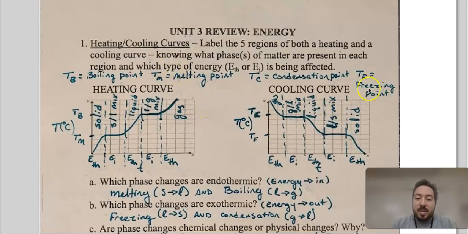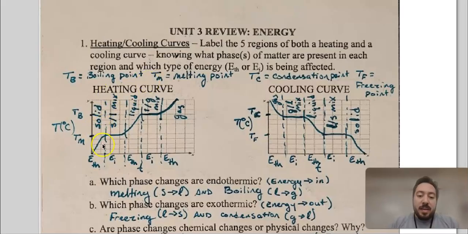Same thing, melting point and freezing point are the same temperature. It depends on what we're dealing with. So on a heating curve, we have our boiling temperature and our melting temperature. On the cooling curve, we have our condensation temperature and our freezing temperature. And those are going to coincide with those flat spaces on the curve of our line.